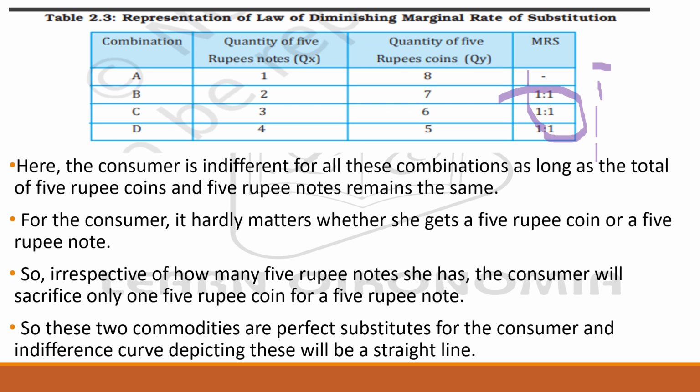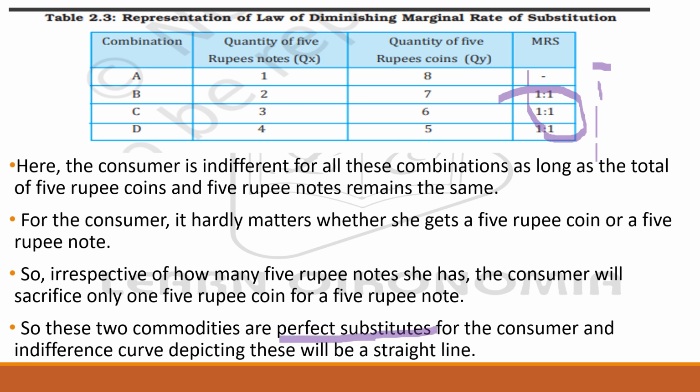The same utility is given by different forms of currencies. So it hardly matters to the consumer whether he is getting a currency note or a coin. He doesn't care about it. The two commodities are perfect substitutes.